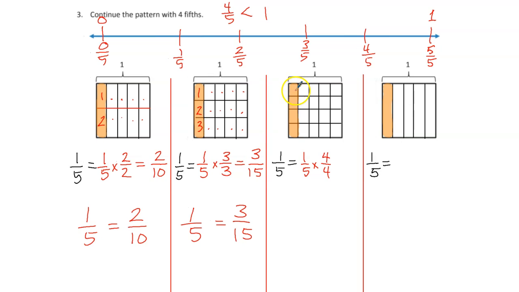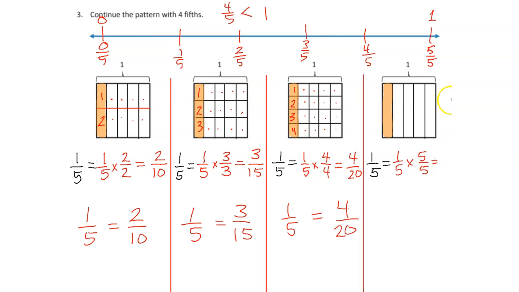So now you can see my 1, 2, 3, 4. 4 out of 5, 6, 7, 8, 9, 10, 11, 12, 13, 16, 17, 18, 19, 20. 5 times 4 is 20. So 1/5 is also equal to 4/20.